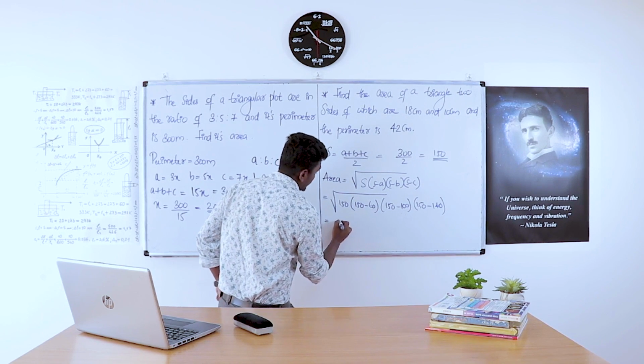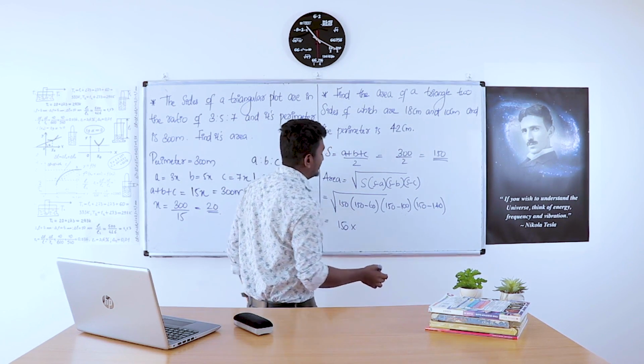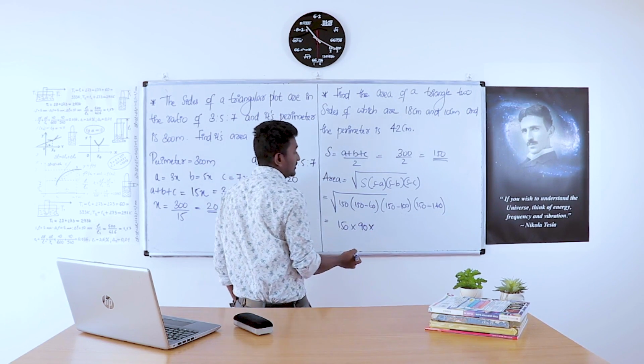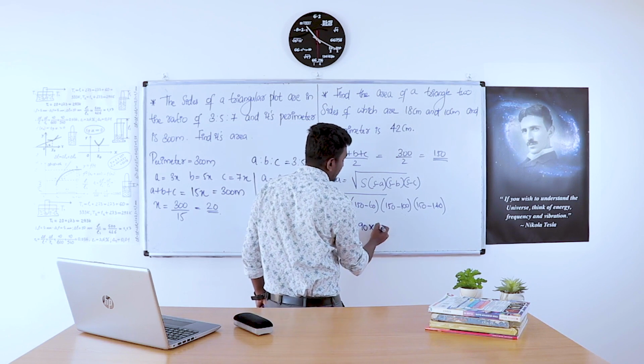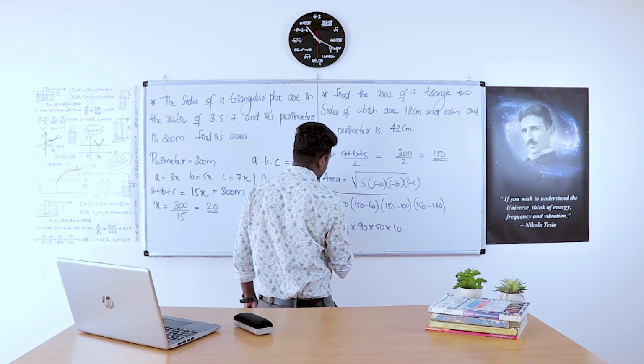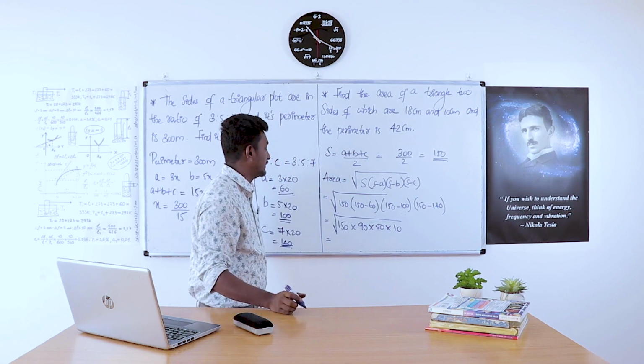That is equal to root of 150 into, what is 150 minus 60? It is 90, into, what is 150 minus 100? It is 50, into, what is 150 minus 140? It is 10. That is 150 into 90 into 50 into 10.